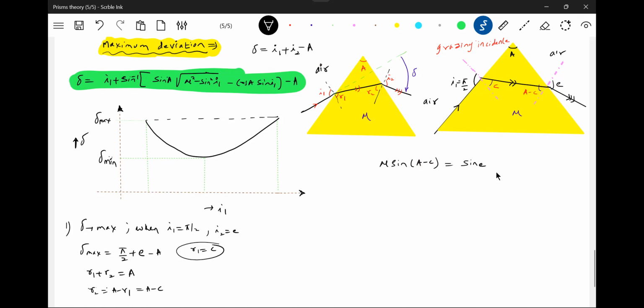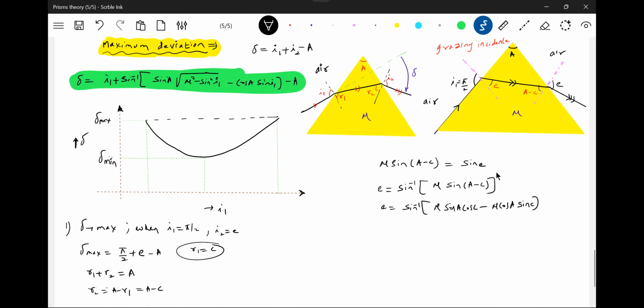Can we replace E now? So what is sine C?